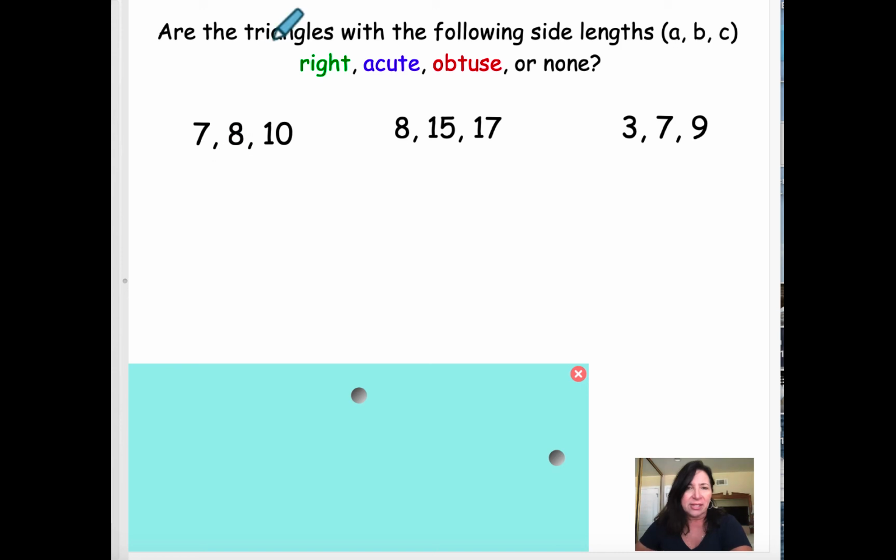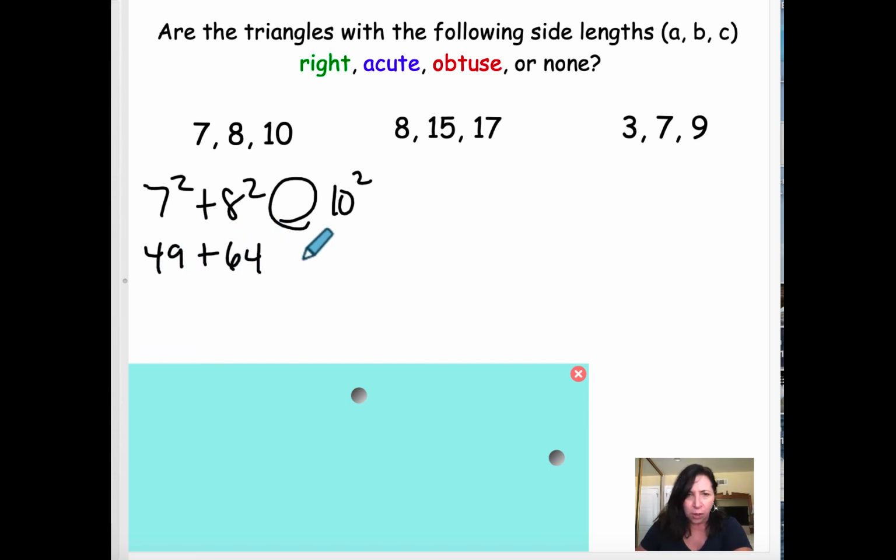Right here we have 7 squared. So we're going to go two smaller sides, right? We're going to go 7 squared plus 8 squared compared to 10 squared. So we've got 49 plus 64, which is 113, compared to 100.